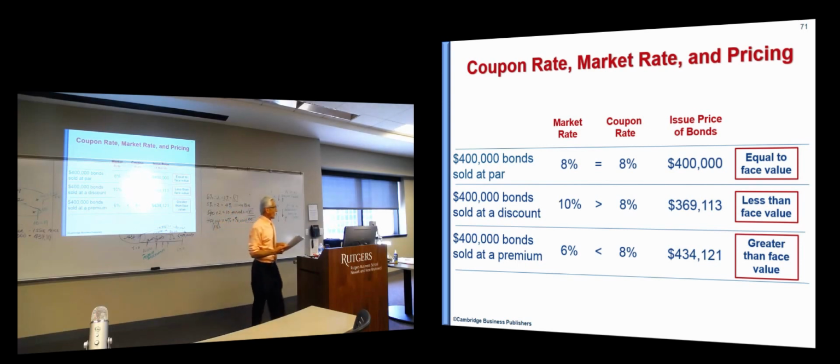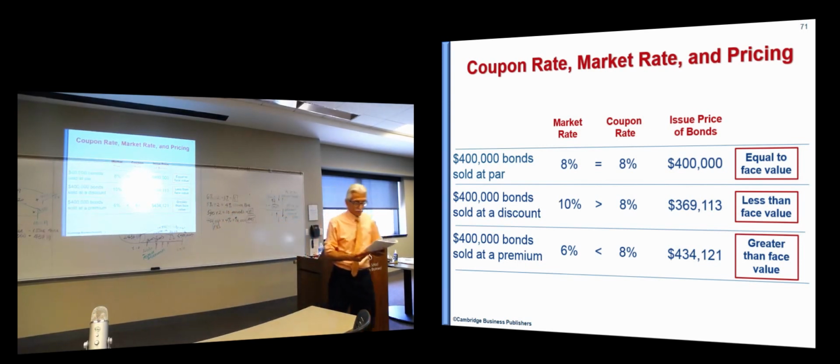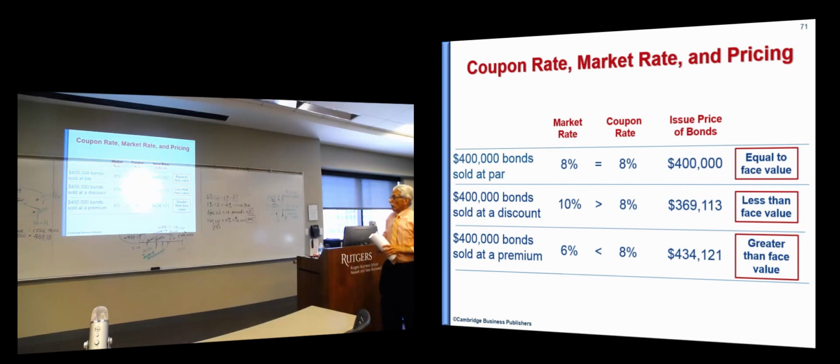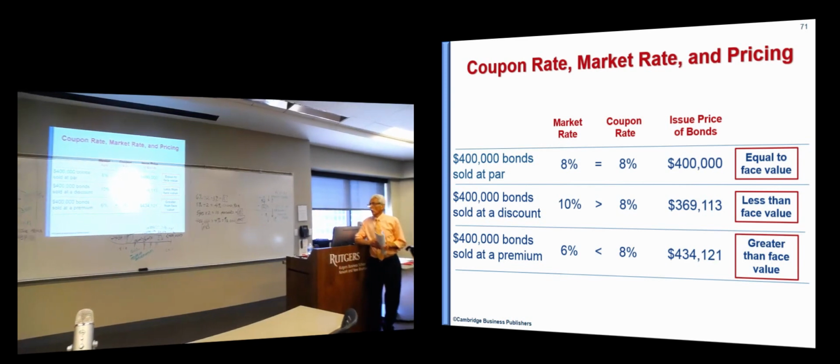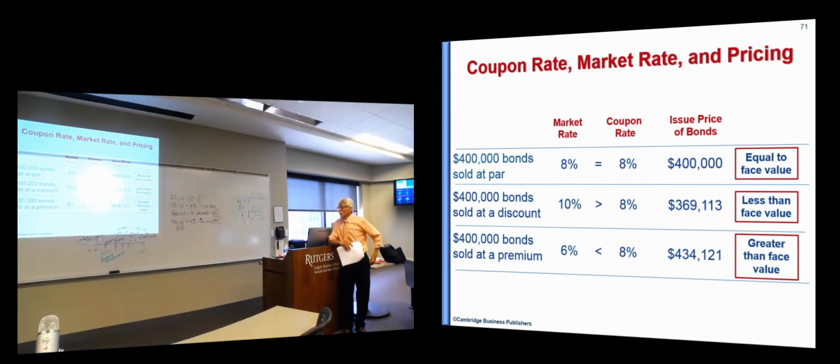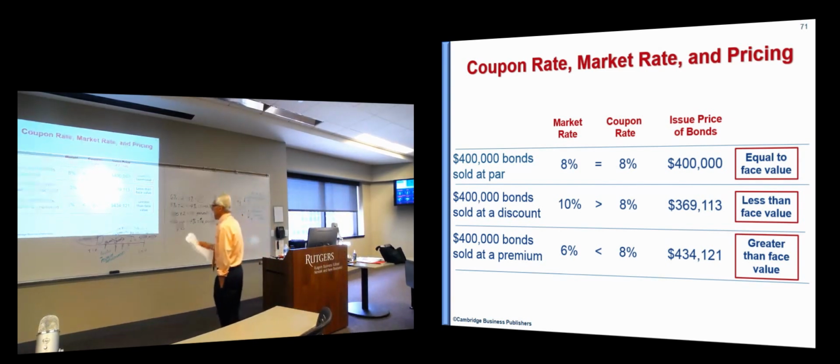When the market rate and the coupon rate are the same, the market's in equilibrium, so you pay face value. In the case where the market rate is higher, there is a discount because the product you're offering is inferior, and the supply of those bonds exceeds the demand, which drives the price down.